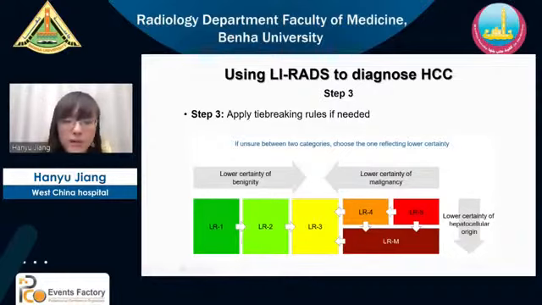So for LR-1, 2, and 3, the certainty of benignity decreases as the category increases, while for LR-4 and 5, the certainty of HCC increases as the category increases. And for LR-5, 4, and M, LR-M demonstrates a higher uncertainty of HCC and should be assigned when we have problem differentiating between these categories.